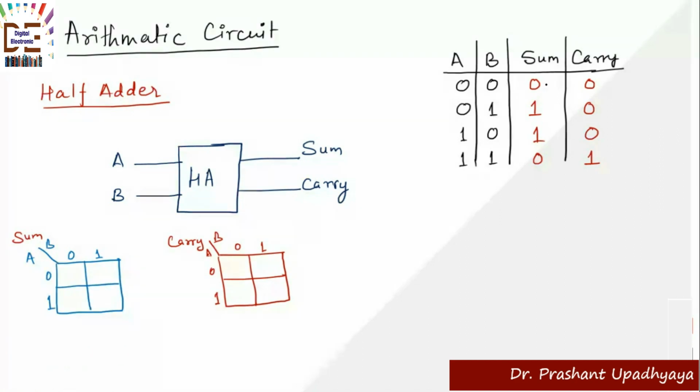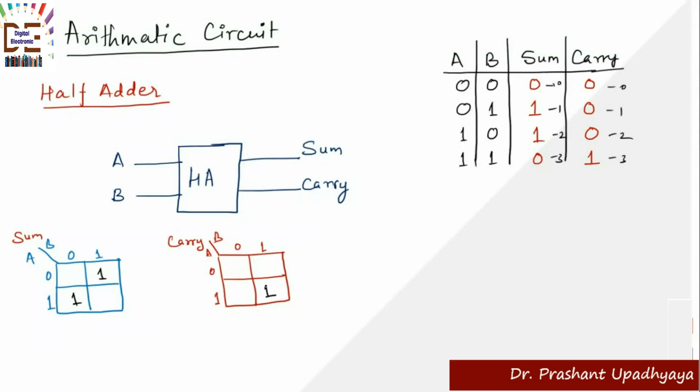Where is the sum present? At cells 0, 1, 2, 3. At 0 nothing is present, but at 1 and 2 it is present. And if I talk about the carry, we are getting it only at cell 3.